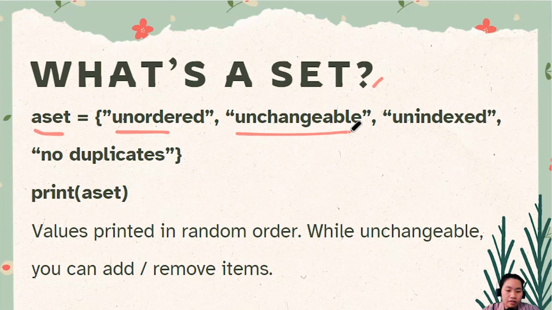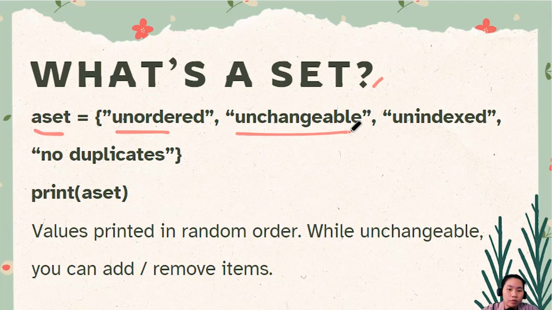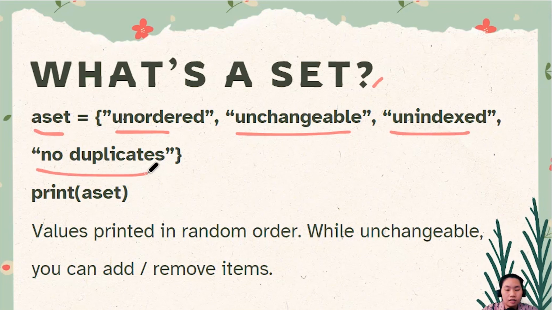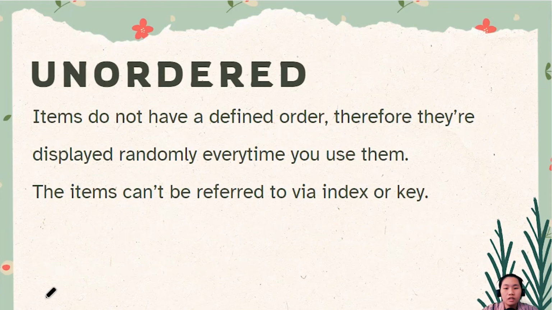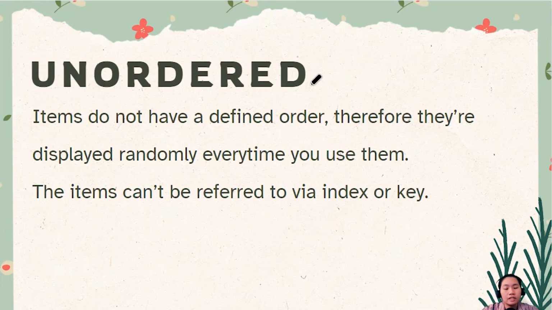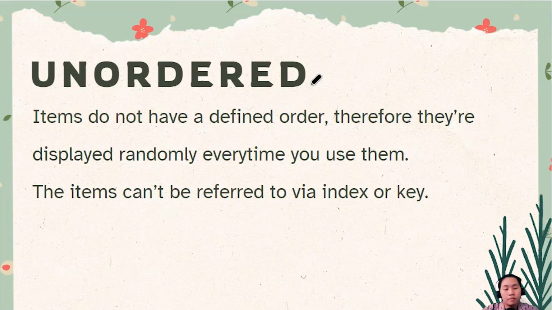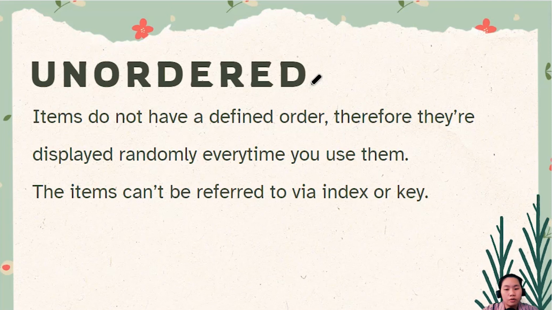So I guess that's just changing items but with a little extra steps. Once again, it is unindexed and it does not allow for duplicates, unlike lists and tuples. Let's go through each property one by one and have a closer look at what they mean and how you have to deal with them once you use a set in your code.